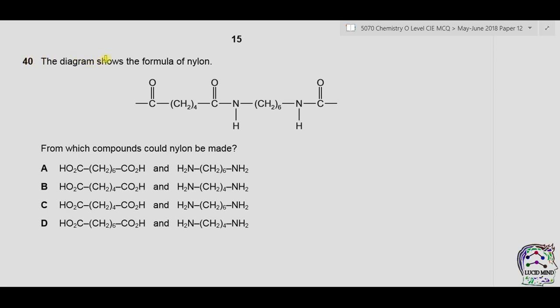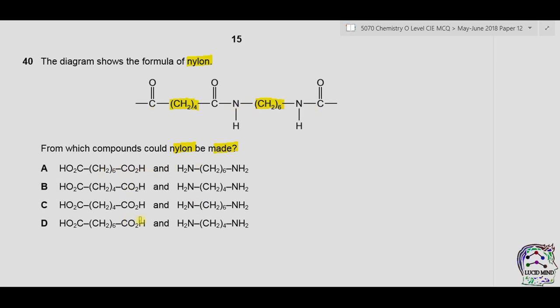Question 40, the diagram shows the formula of nylon. We have 4 CH2 groups and on each side we have a carbonyl carbon. Then we have 6 CH2 groups and on each side we have nitrogen bonded to hydrogen. From which compounds could nylon be made? Now this polymer should be made from monomers.